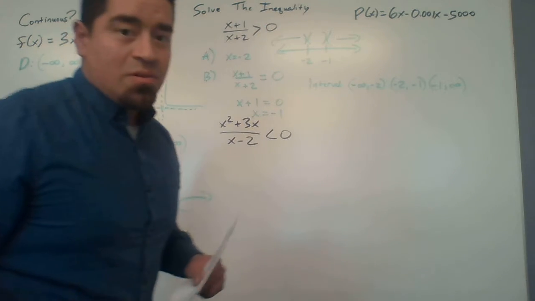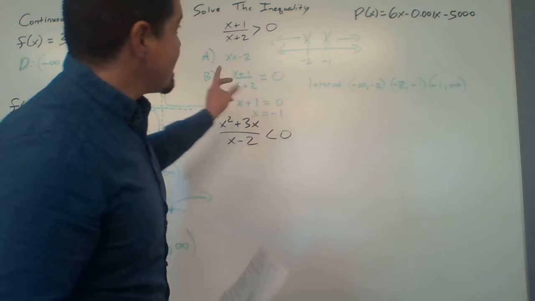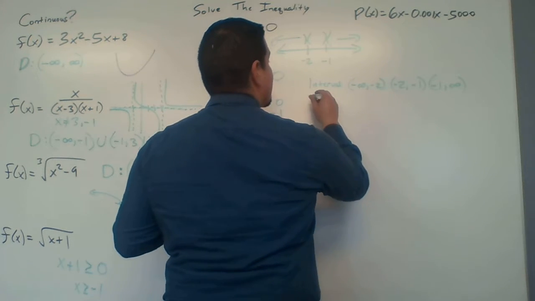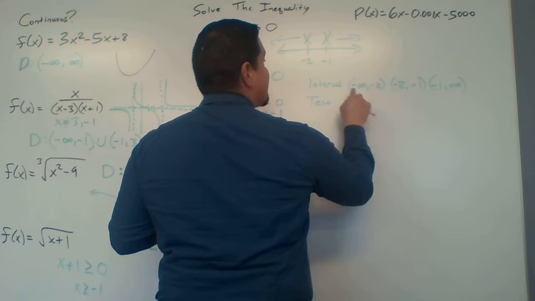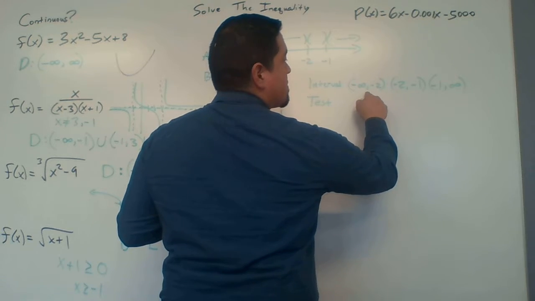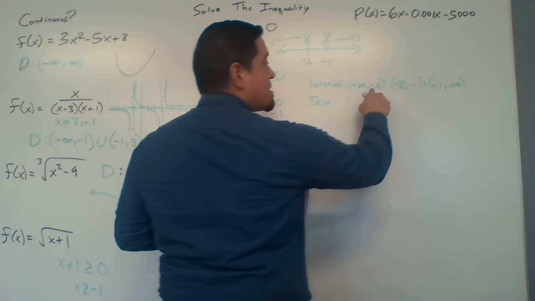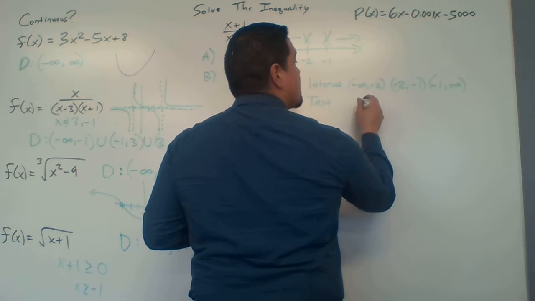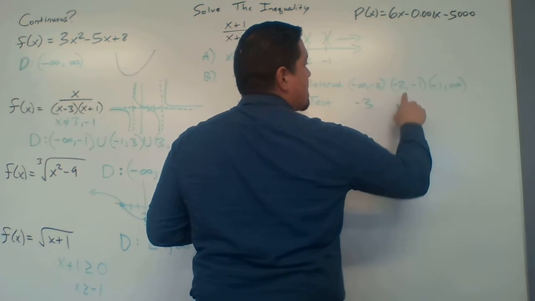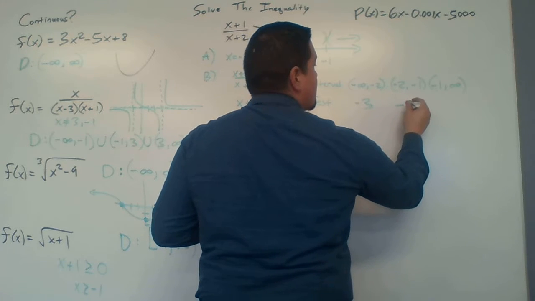And what you want to do is simply test. We're going to test some numbers in each of these intervals. So just pick some number, and everybody could pick different numbers, as long as they're in their intervals. So what's in negative infinity to -2? -3. What's in here? Maybe -1.5.